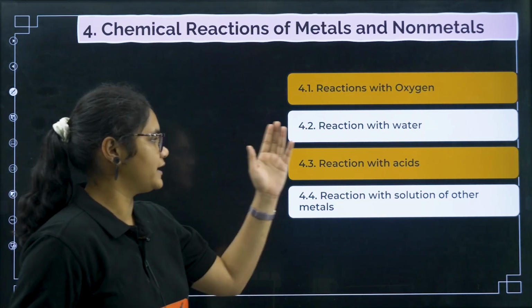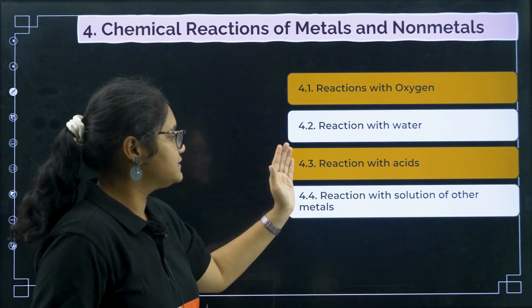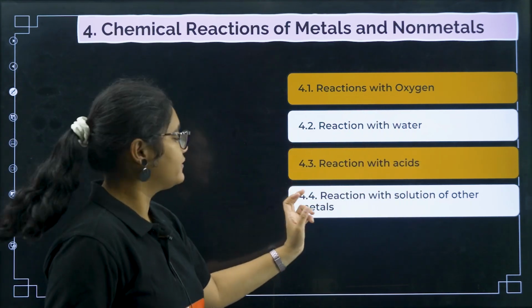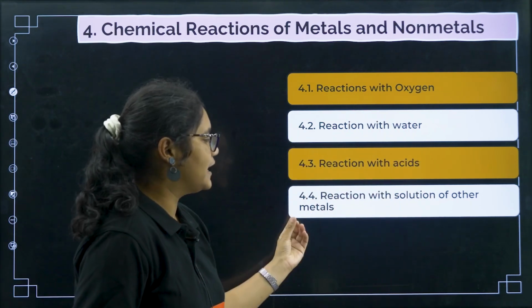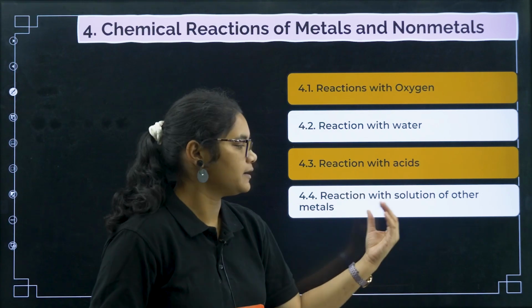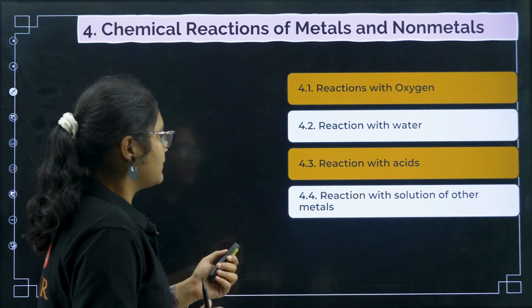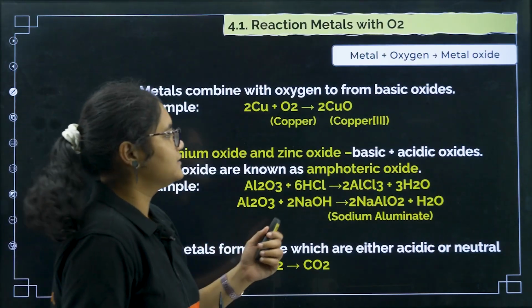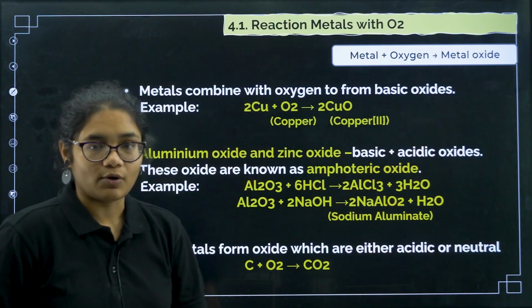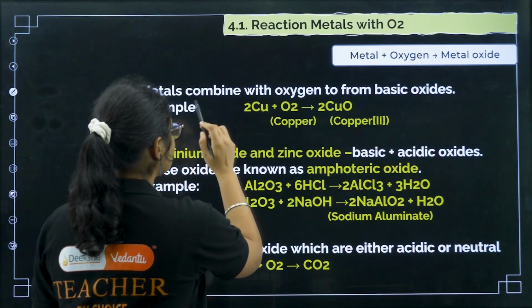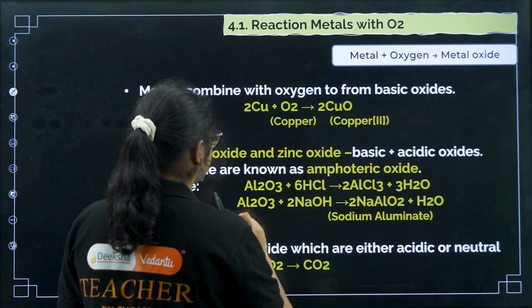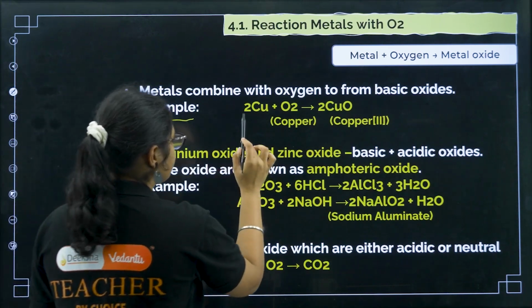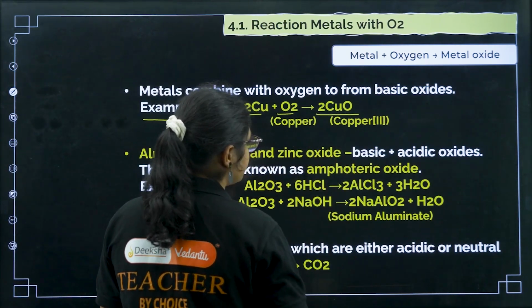So the first one is reaction with oxygen, then we'll see reaction with water, then reaction with acids, and reaction with solutions of other metals. Coming to reactions with oxygen, metals react with oxygen to give metal oxide. Metals combine with oxygen to form basic oxides. Example, 2Cu plus O2 gives 2CuO.